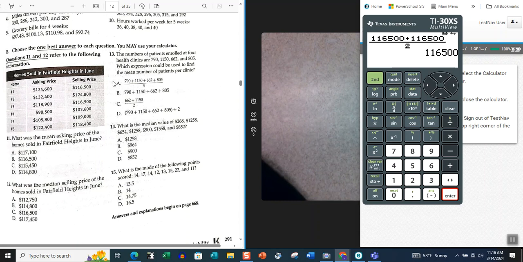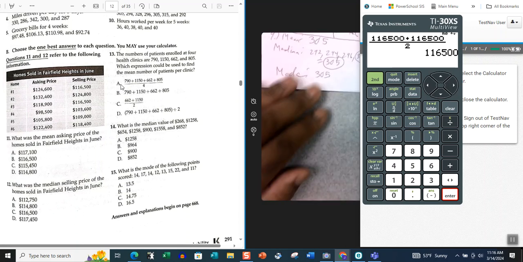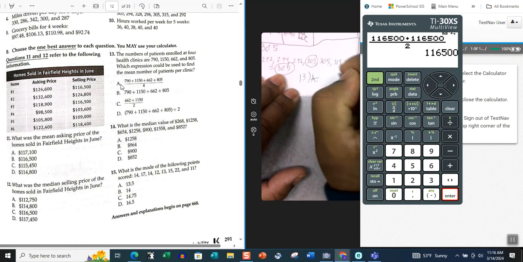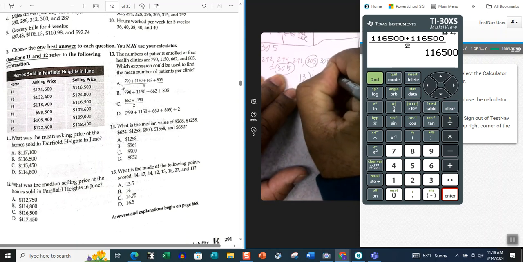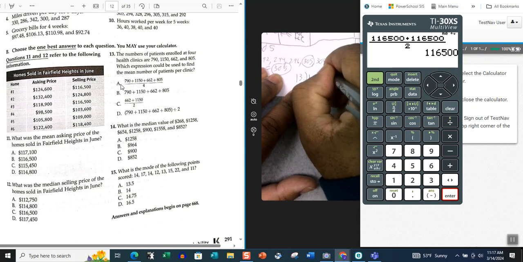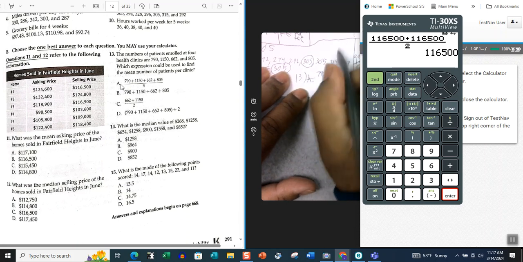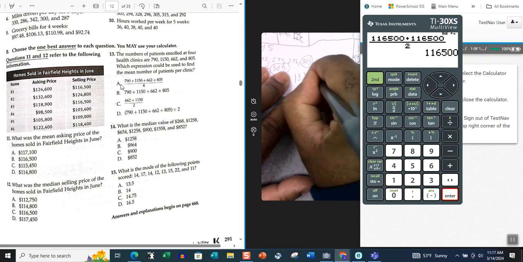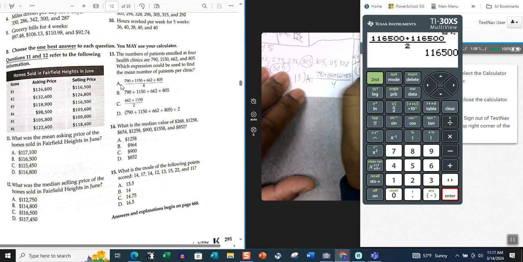So our answer here would be A. We add all of them up and divide by 4. So 13 would be A, which is 790 plus 1150 plus 662 plus 805 all over 4.